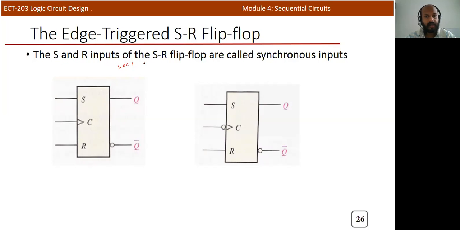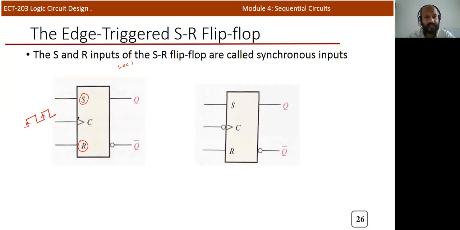The inputs of the SR flip-flops are called synchronous inputs because the output is changing with respect to a specific point of the clock signal. Or these S and R inputs are sensitive to the edges of the clock, either rising edge or falling edge.